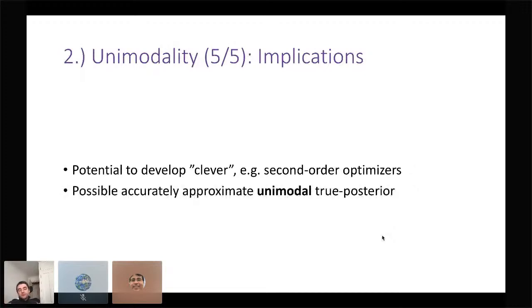And second, from the Bayesian perspective, if I've got a unimodal true posterior, it's going to be much, much easier to accurately approximate than if I have a highly multimodal true posterior, in which case it's essentially impossible to get a good variational approximation.